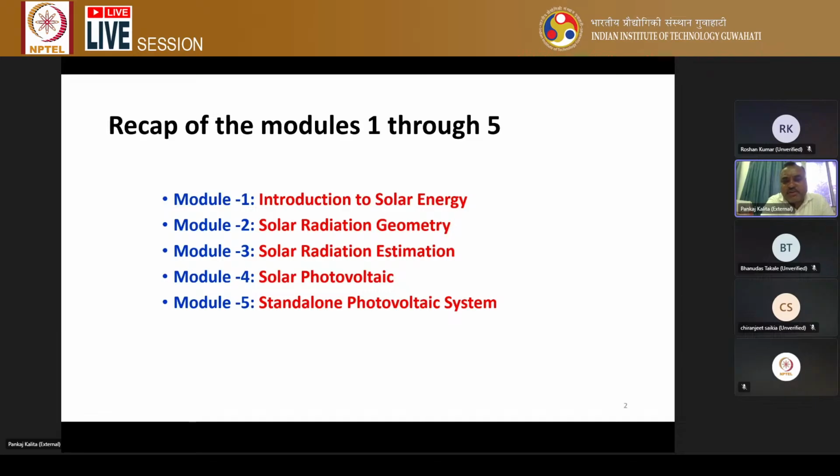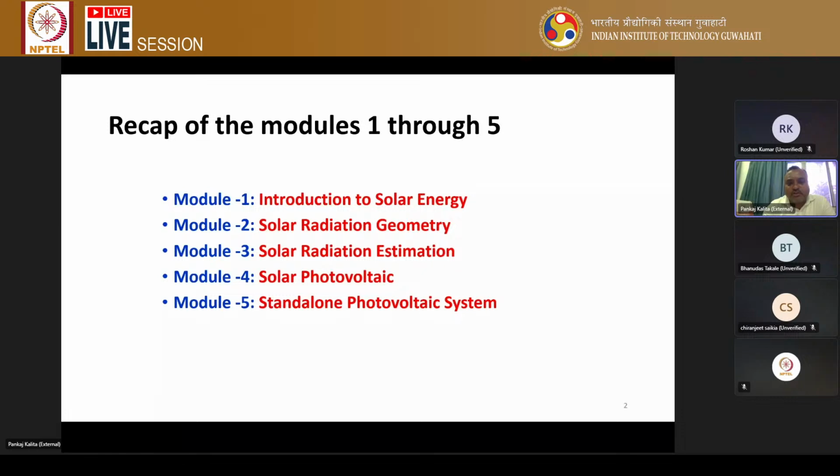And also we have elaborated how this is calculated, and also solar radiation estimations: how global radiation, then extraterrestrial radiation, that means on a clear sky, and average sunshine hours and maximum sunshine hours are related. That means how we can connect radiation data and meteorological data together to find global radiation. This has been elaborated extensively in module 3.